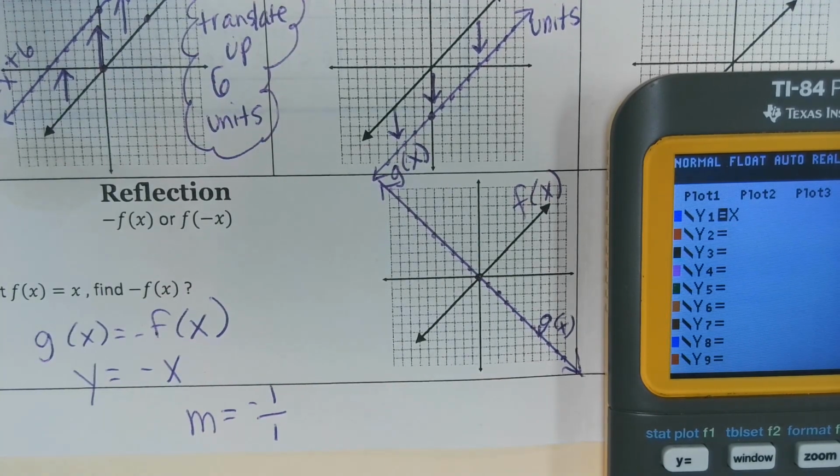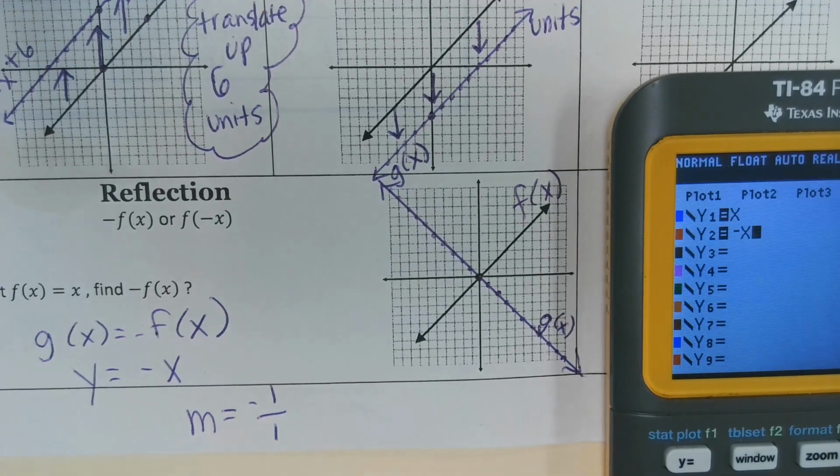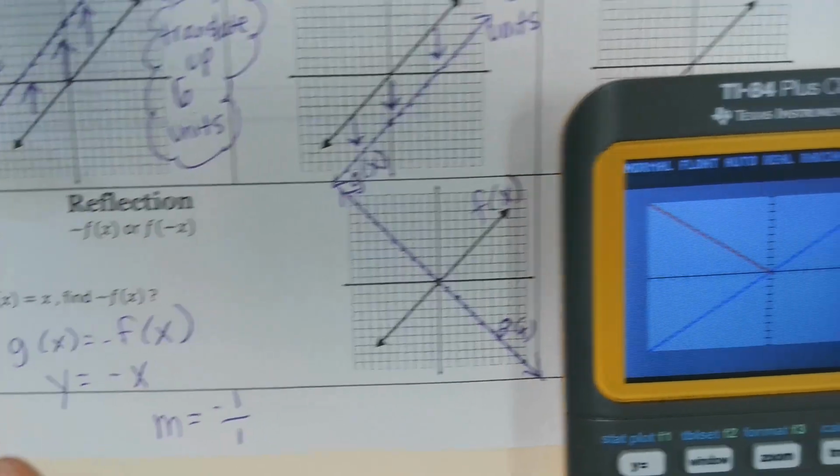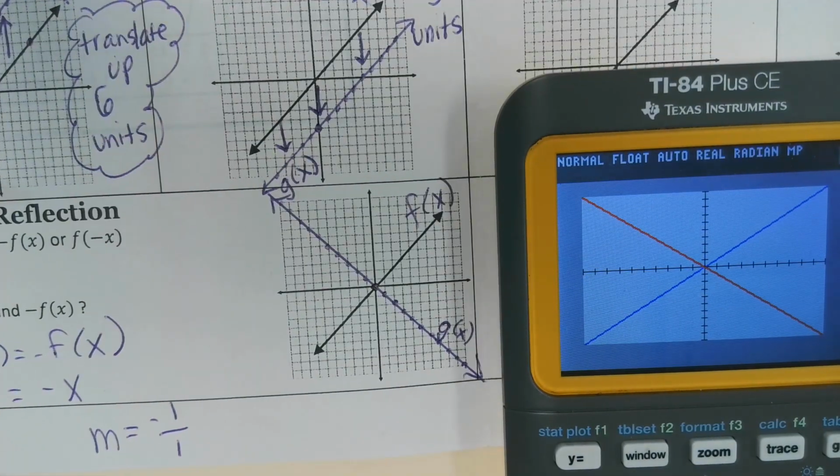The negative is the one right below 3, negative x. If you get an error, it's because you put in minus instead of negative. Hit graph so you can see it. One's positive, the other one's negative.